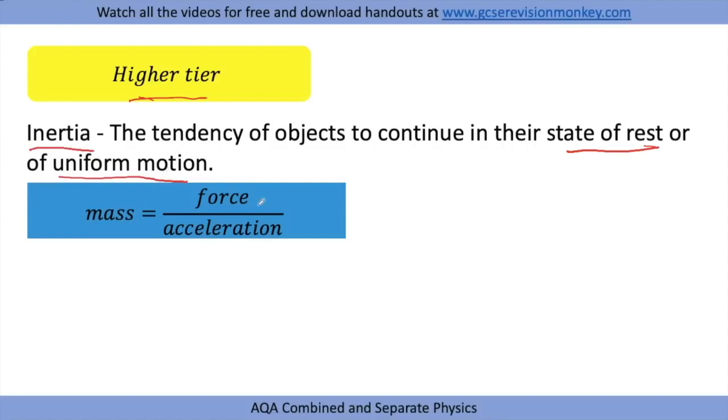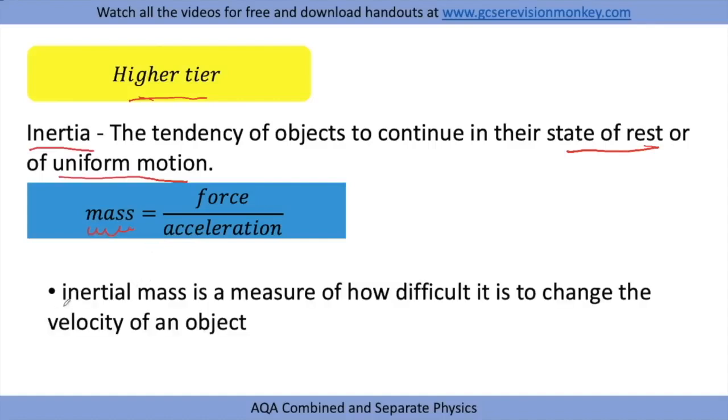So looking at our F equals ma equation, if we rearrange F equals ma, we get mass equals force divided by acceleration. And when you've worked out force divided by acceleration to calculate your mass, when you've calculated mass this way, this is called inertial mass.